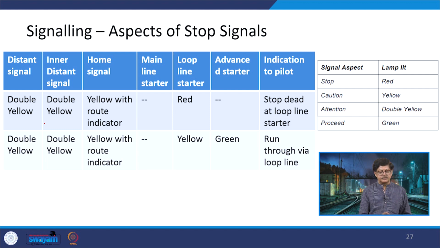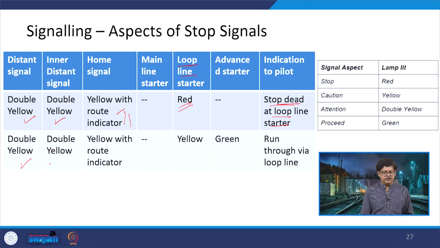Here then another case is double yellow for distant, double yellow again for an inner distant, yellow with the route indicator, the route is being set on the station, which particular line is being taken. Here it is taking a loop line and the loop line starter is set at red. It means you can come up to the loop line starter and there you can stop your train.